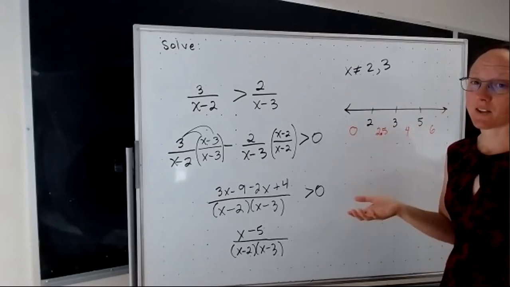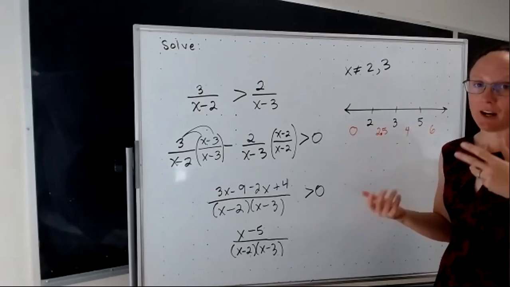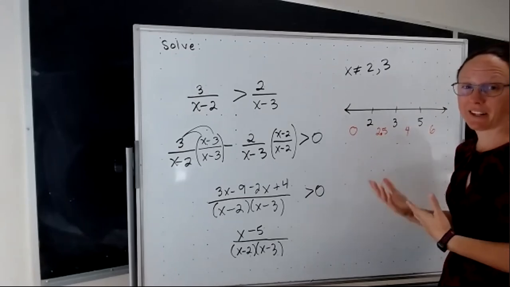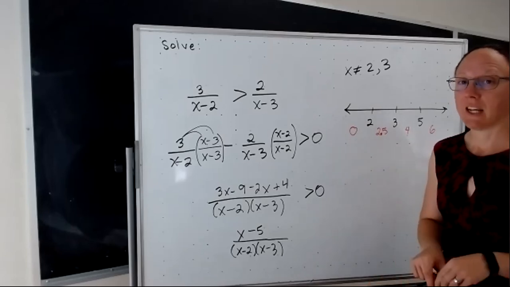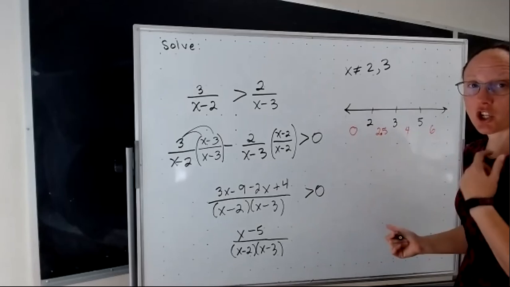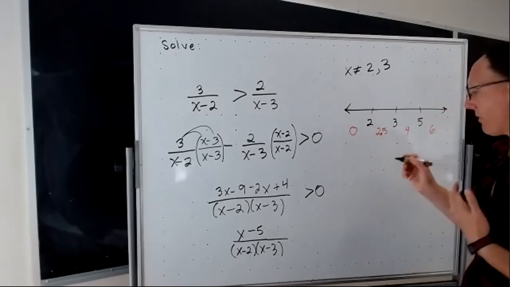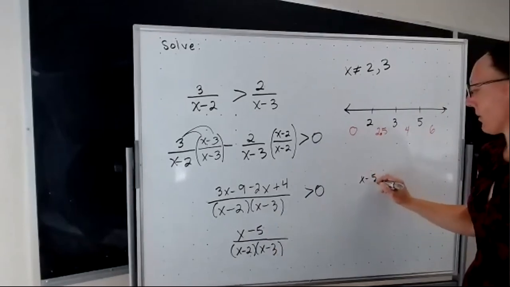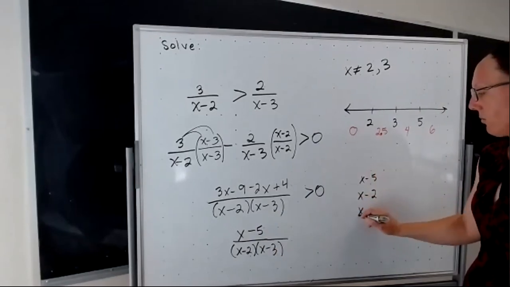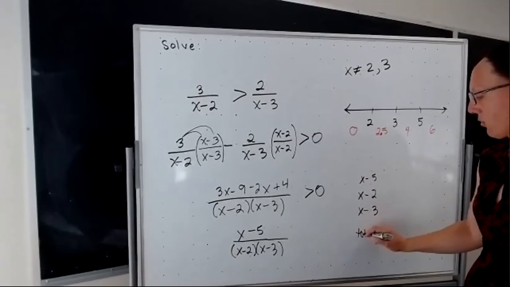Because I have 4 test points to plug in, personally, I might choose to switch to a chart, but it's really up to you. I'm going to go ahead and chart it up real quick. So if I were making the chart, I'd have all of my factors: x minus 5, x minus 2, x minus 3, and then my total.